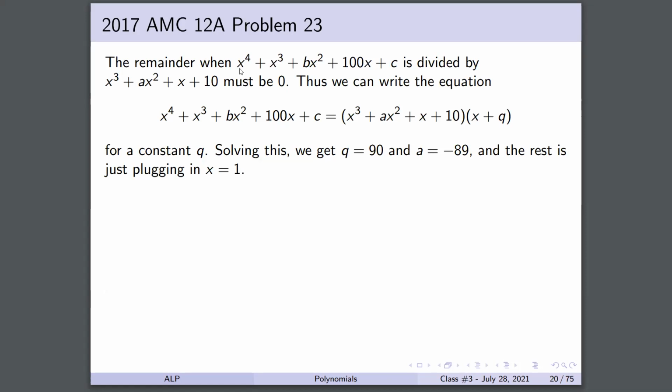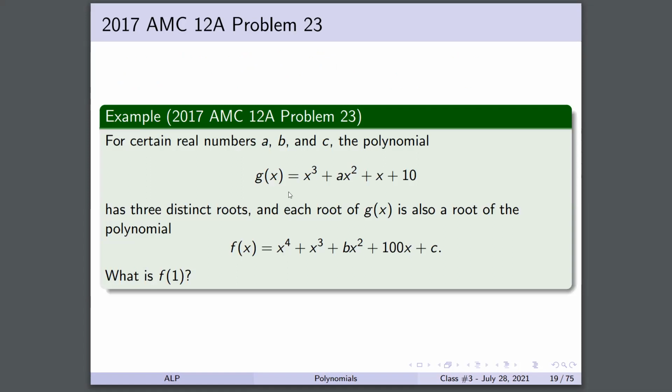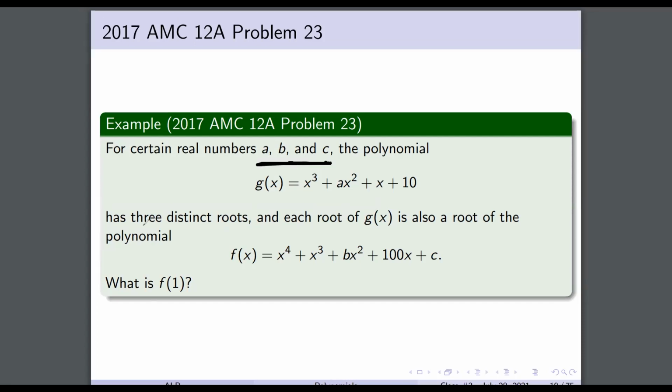So basically, the remainder of x to the 4th plus x cubed plus bx squared plus 100x plus c, when divided by x cubed plus ax squared plus x plus 10, must be 0. Now, we know this because each root of g is also a root of f.